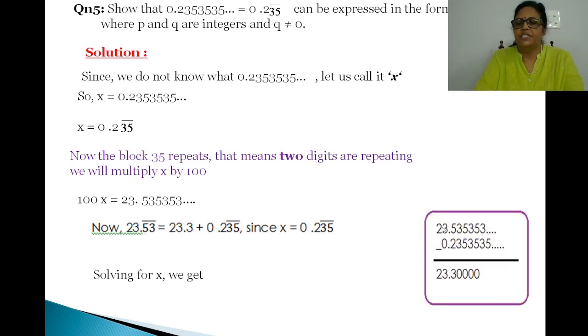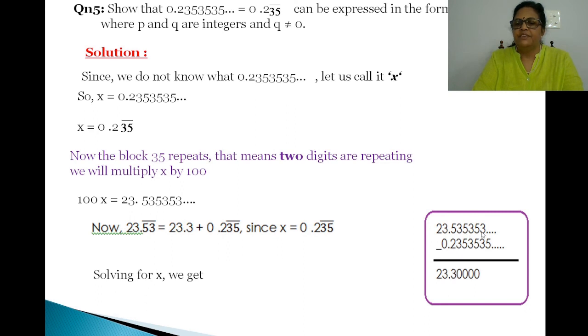23.53 bar, that is 23.535353 etc., minus 0.2353535 etc., with decimal points in the same column. Whole number part minus whole number part. So 23 minus 0 is equal to 23. Now the decimal part. First it is 5 and 2. 5 minus 2 is 3.